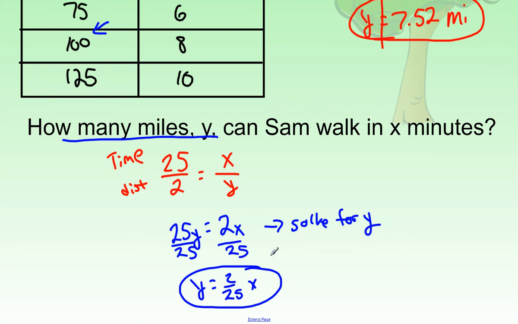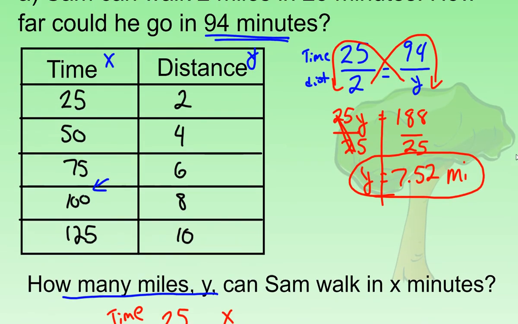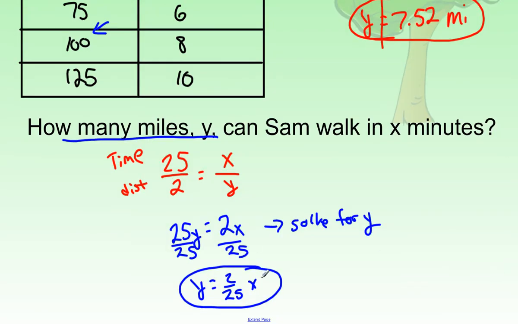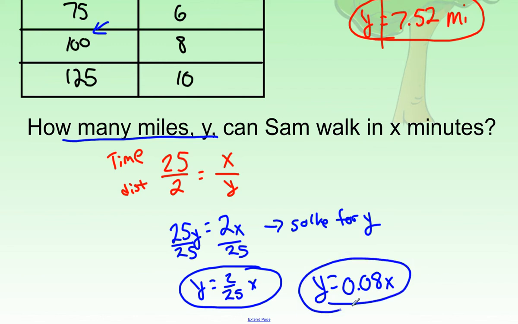So this is kind of like a general form that works for this particular problem. Sam can walk 2 miles in 25 minutes. This tells us how many miles y he can walk in x minutes. And if you don't like this fraction, you could also use the decimal. y equals 0.08x. Same thing.